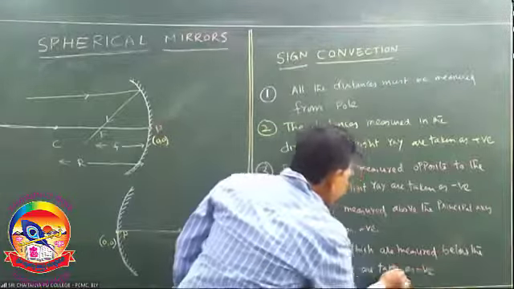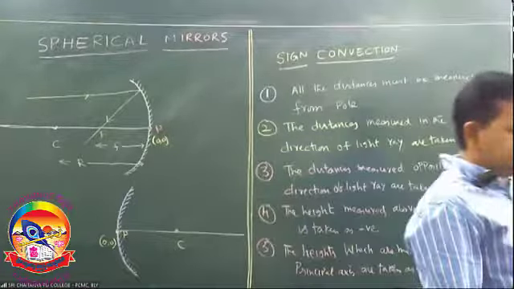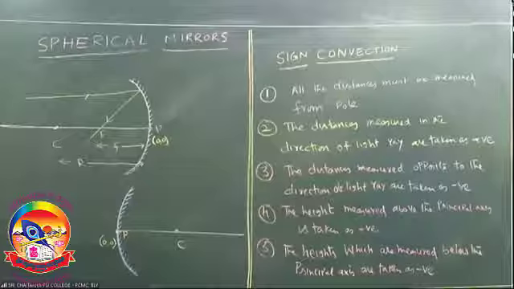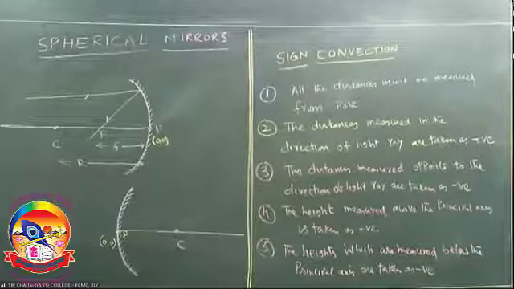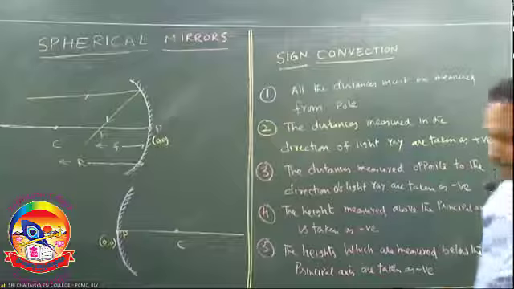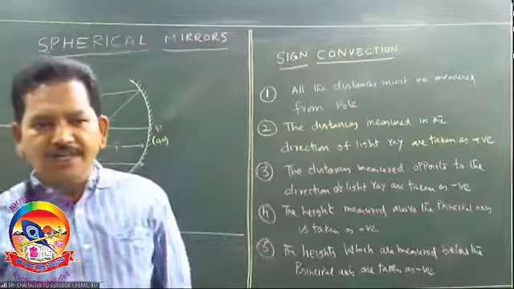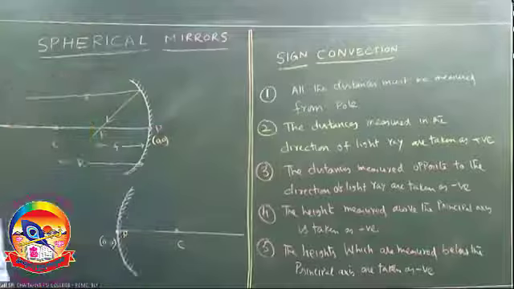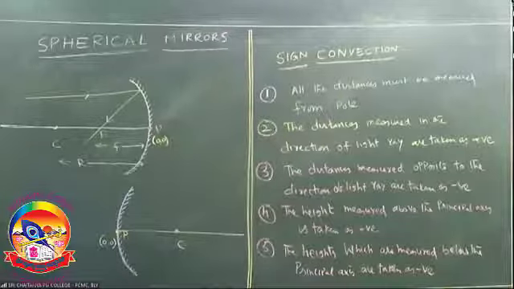If you remember these five points, they are most important for solving problems. All the distances must be measured only from the pole. The pole is taken as the origin. Second, the distances measured in the direction of the light ray are taken as positive.